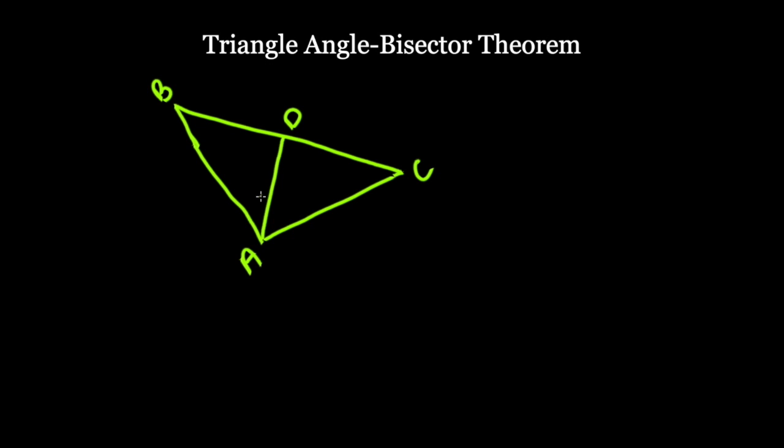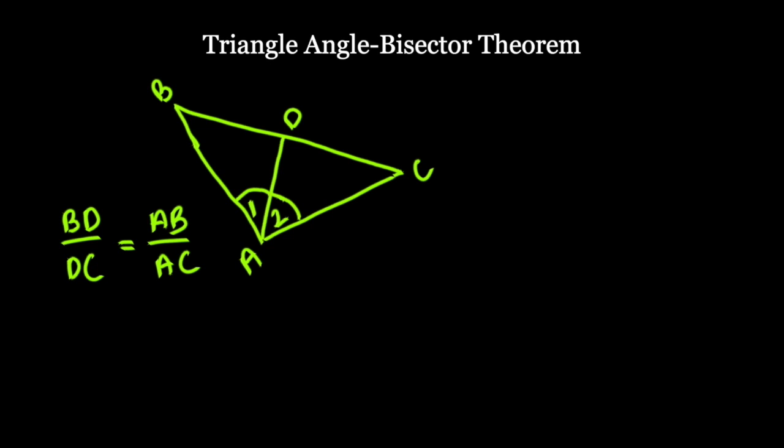All right, so let's say that we have this triangle, and AD is our ray that bisects angle A into angle 1 and angle 2. So this triangle Angle-Bisector theorem states that if this ray bisects this angle, which means that angle 1 and angle 2 are going to be congruent, then we could say that BD over DC is going to be equivalent to AB over AC.